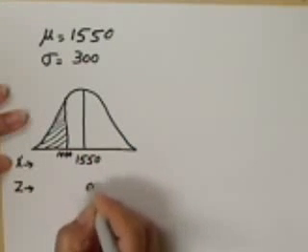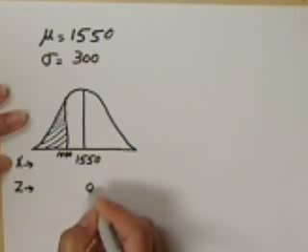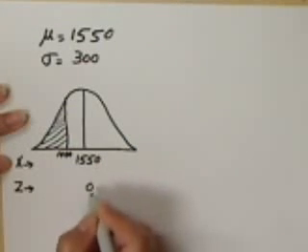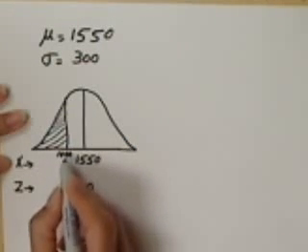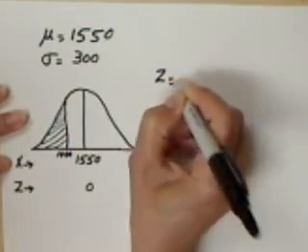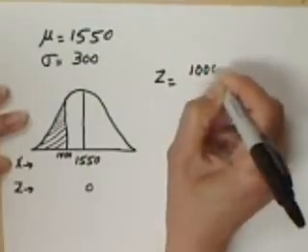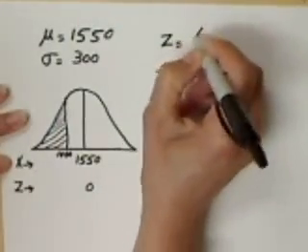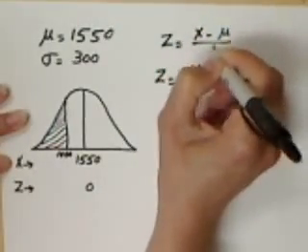The 1,550 on the z-axis would be 0. The mean on the z-scale is always 0. Let's find out the equivalent of the 1,000 on the z-scale. We know that the z formula is x minus mu over sigma.